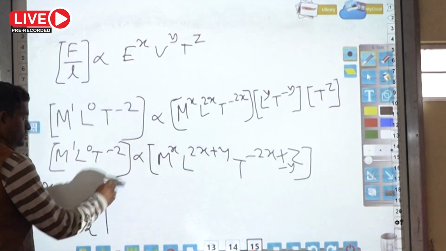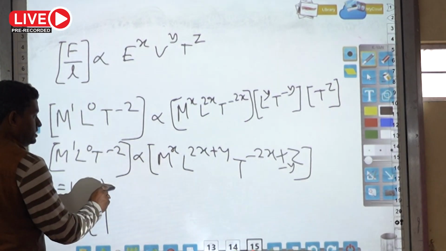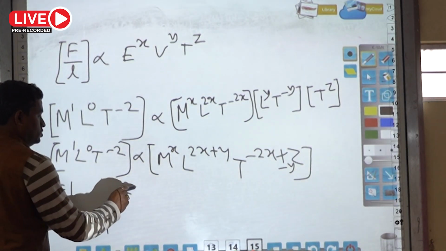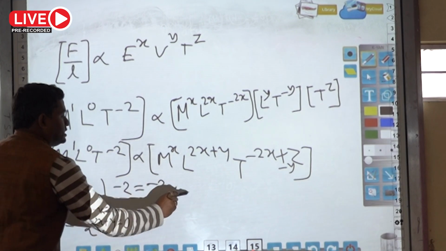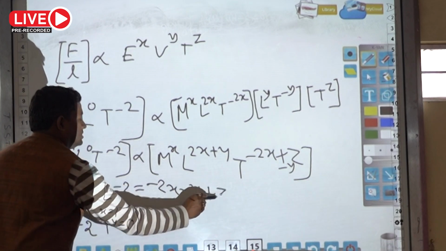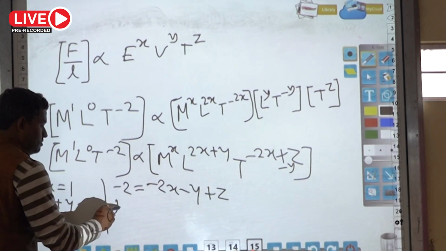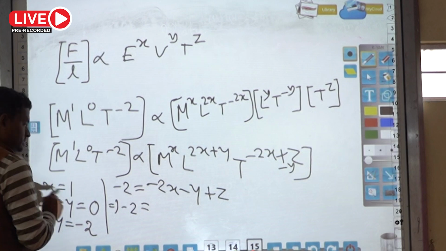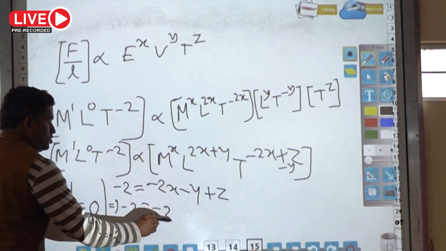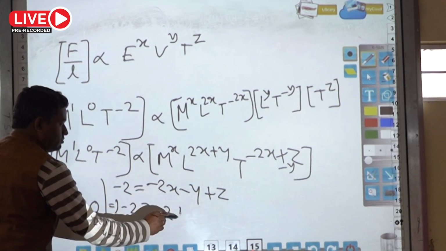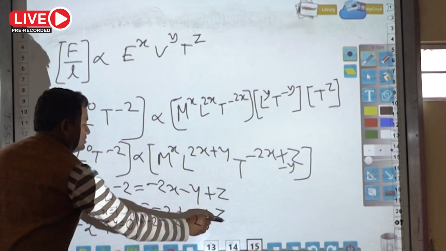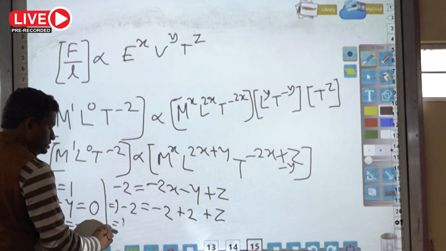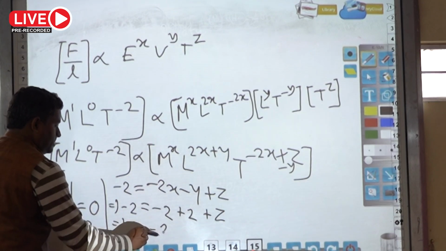Now from the third we can write minus 2 equal to minus 2x minus y plus z, and just substitute the values. Minus 2, x is 1, so it is minus 2, y is minus 2, so it will be plus 2, plus z. So plus 2 minus 2 cancel, so z will be minus 2.